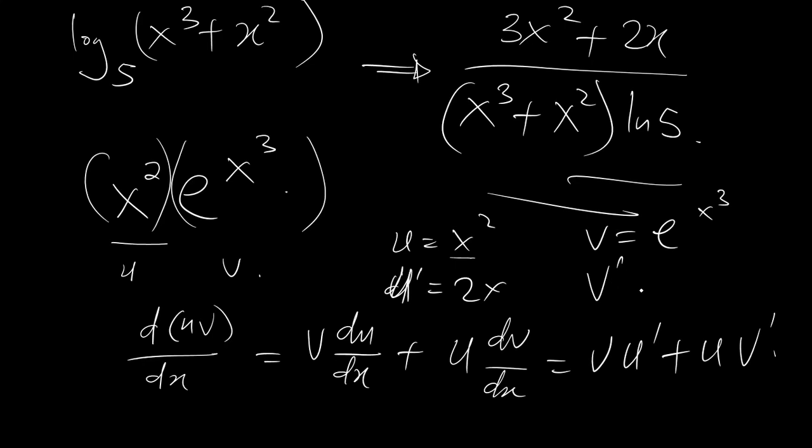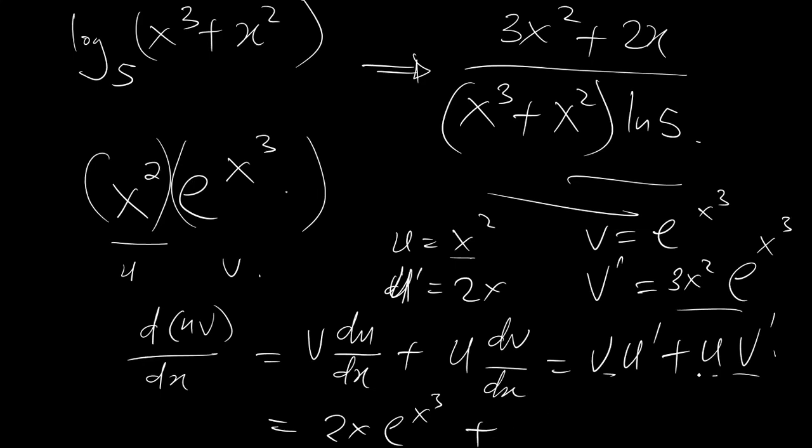The derivative of v, which is v prime, is 3x squared times e to the power x cubed. So plugging it in, you have u prime, which is 2x, times v, so 2x times e to the power x cubed, plus u, which is x squared, times v prime, which is 3x squared times e to the power x cubed.